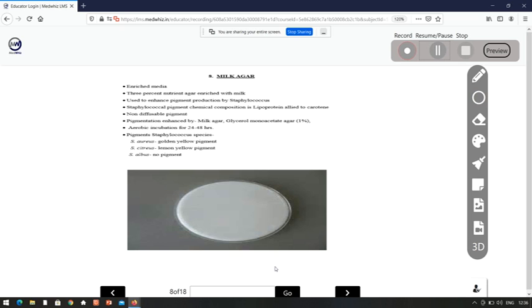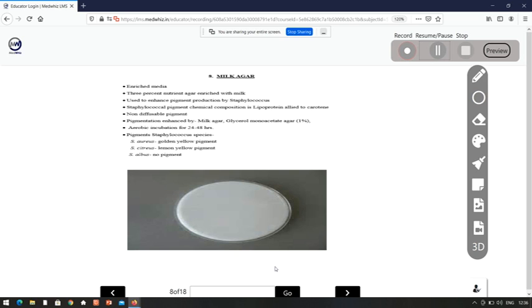Once you are suspecting any Staphylococcus aureus infection, you should collect the proper clinical specimen. If you're suspecting any staphylococcal or streptococcal infection, you must prepare milk agar, and the clinical specimens are subcultured into milk agar to demonstrate the pigment production.